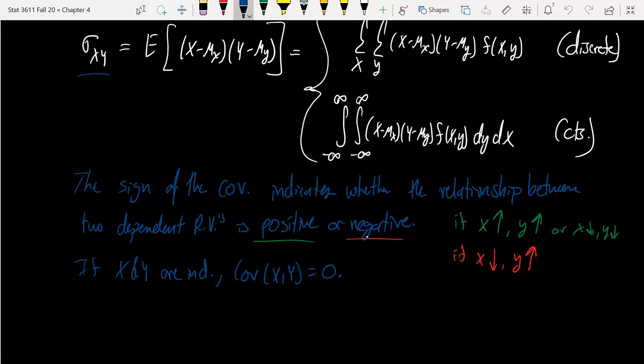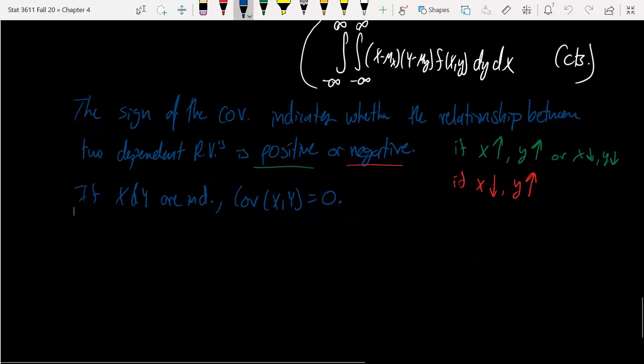Intuitively, I hope that makes some sense, because if they're independent, then increasing x, for example, doesn't affect the outcome of y. So the covariance there is 0. Now, this is a one-way street. If they are independent, the covariance is 0. But if the covariance of x and y is 0, they might be independent, but they also might not be.